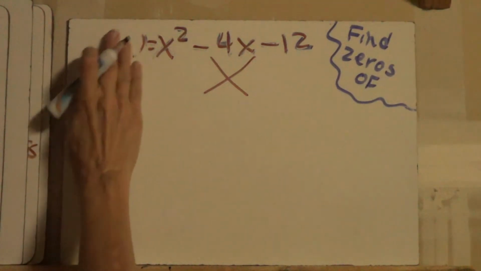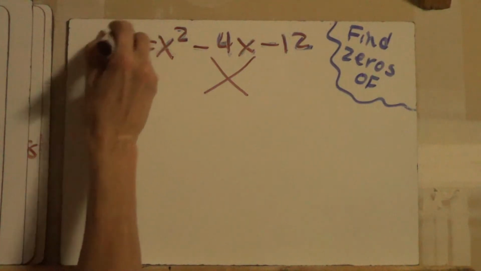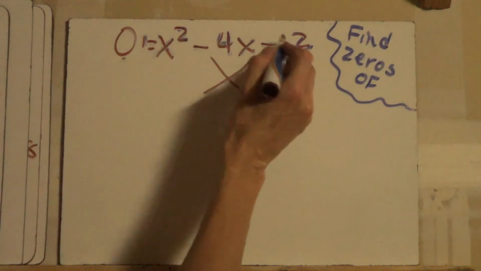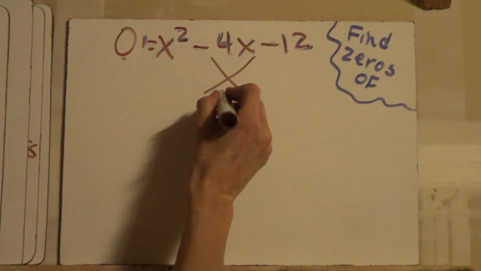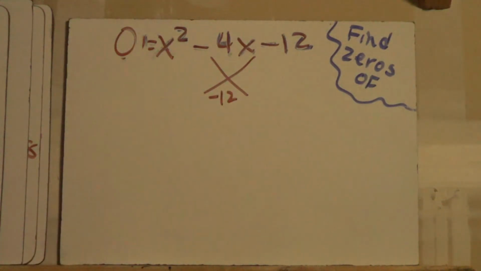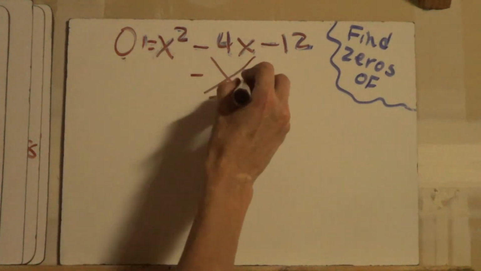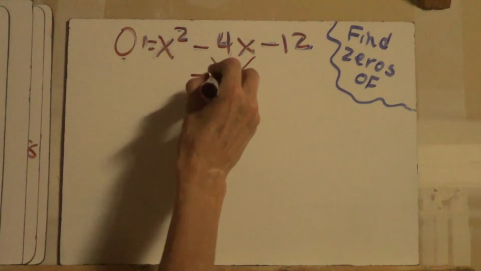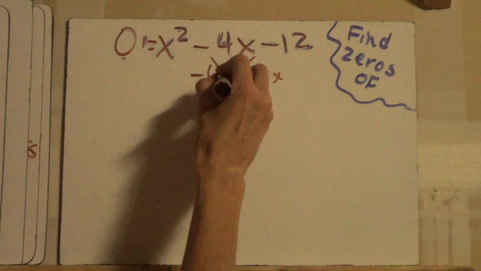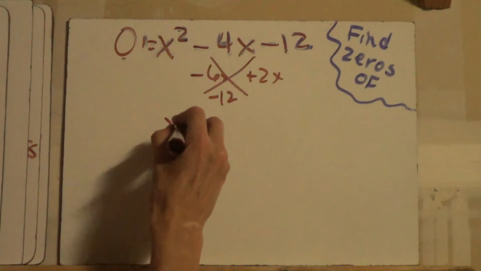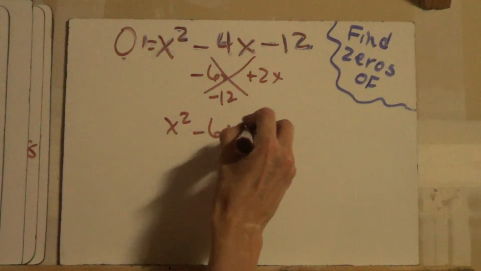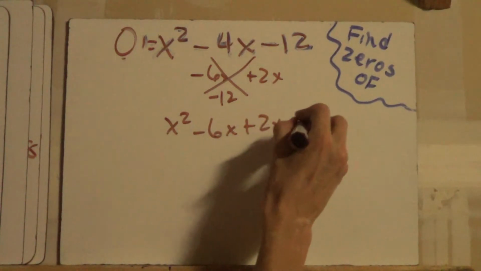So we can change the f of x to 0. We can factor negative 12 times 1 is negative 12. My two factors that subtract to be 4 would be 6 and 2. So I get x squared minus 6x plus 2x minus 12.